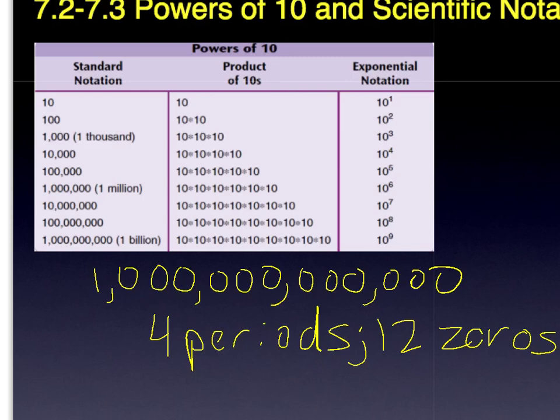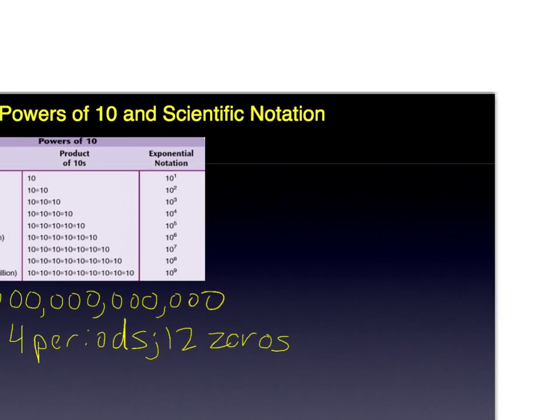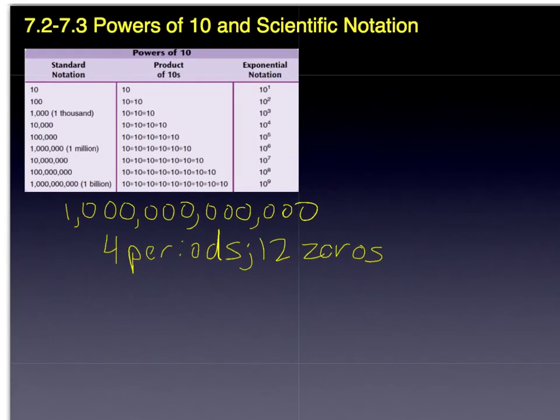So each period has 3 digits. 1 trillion has 3 digits times 4 periods, or 12 zeros. So you can start thinking about bigger and bigger and bigger numbers. Once you get past trillions, you go to quadrillions. So let me write that. Let's go over here. After our billions, we have trillion.